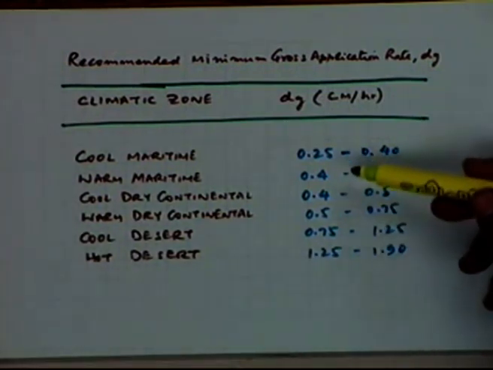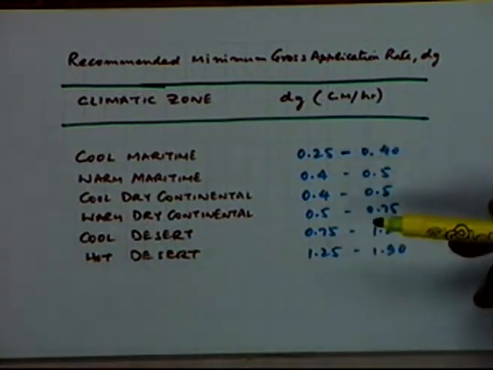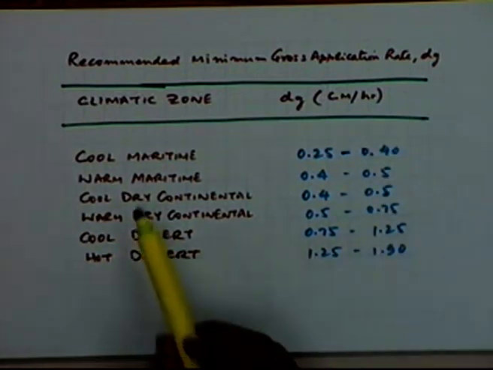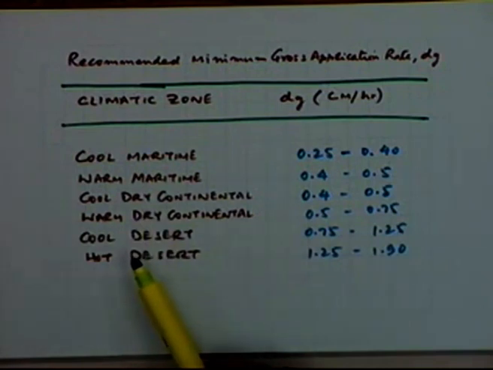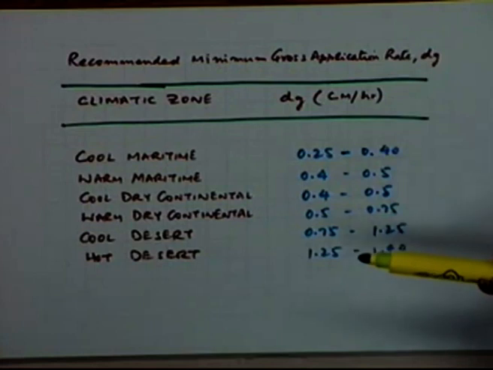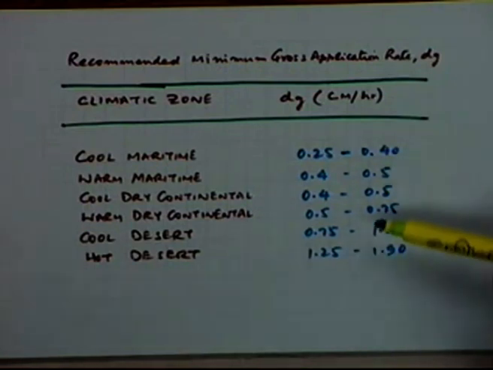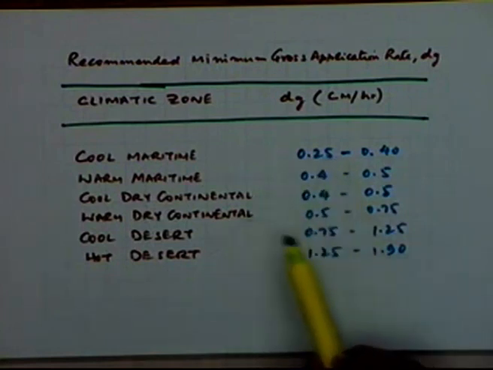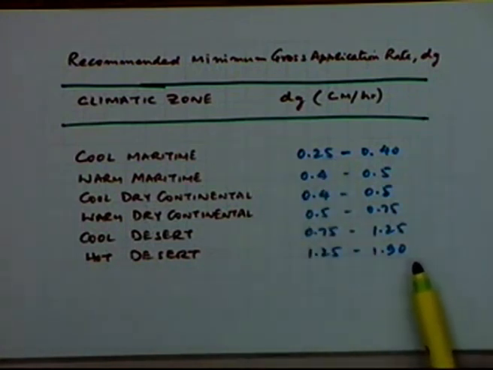So you can see here that the variation is really very large. As the climatic conditions change, your minimum gross application rate, which can be effectively applied, really varies drastically from 0.25 to somewhere around 1.9 centimeters per hour under the worst conditions of hot desert conditions.